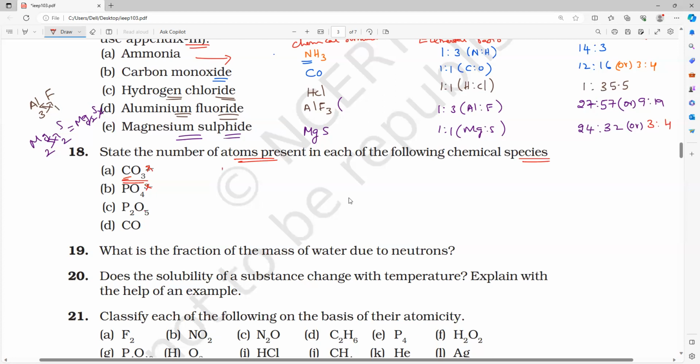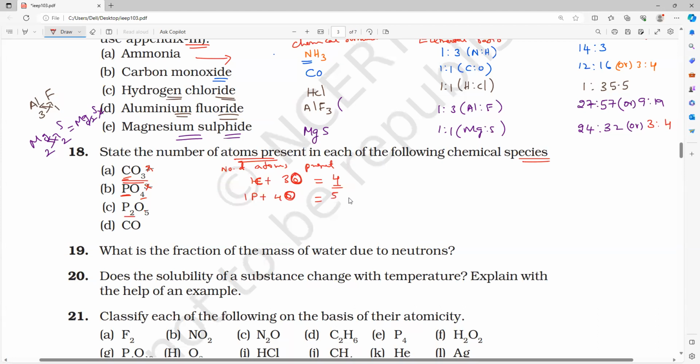One. One carbon plus 3 oxygen. Totally how many? 4. Next, 1 phosphorus plus 4 oxygen. Totally how many? 5.